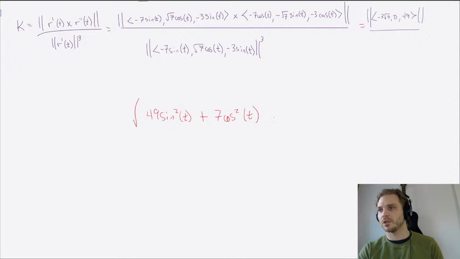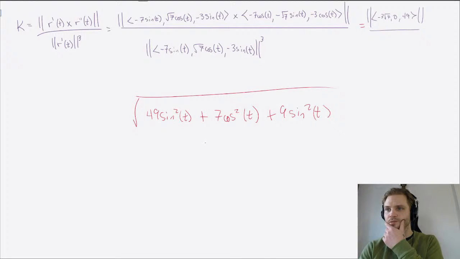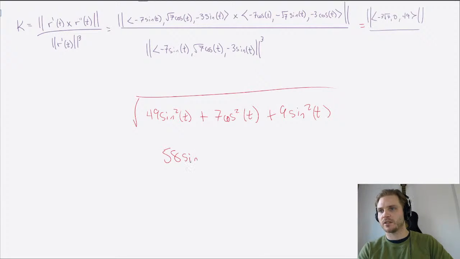Pythagorean Theorem. And then plus 9 sine squared of t, all square rooted. What does this make? So I can see that we have 58 sine squared of t plus 7 cosine squared of t.